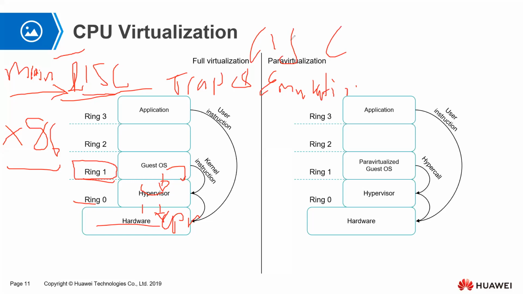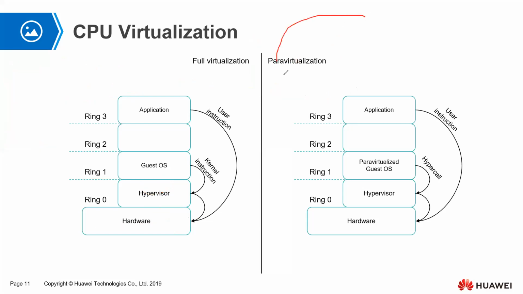What used to happen is that when it was using RISC, we had our instructions that were being sent, we had our privileged instructions, or what we are calling the core instructions, and inside our core instructions we had our sensitive instructions.